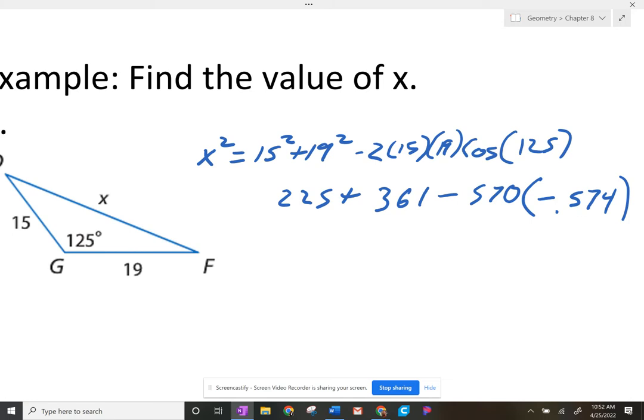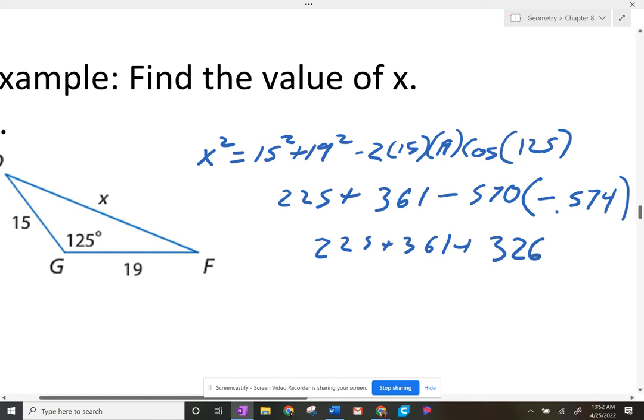When I go through and do these extra parts of the steps, it'll be 225 plus 361 plus 326.9, again, depending on where you round it to. I've got all those ones together, so 225 plus 361 plus 326.9.